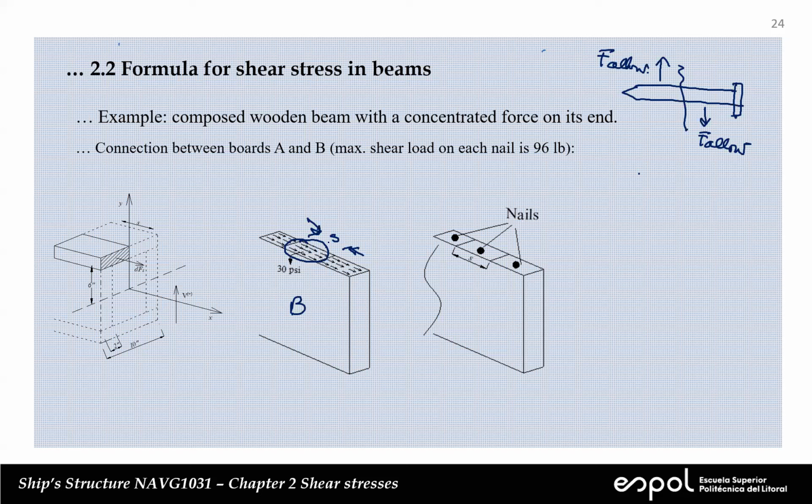We have to assume in this case that S is small, so that the variation in the x direction of this shear stress is small. We can multiply the value of 30 times the thickness and times S, which we do not know. And this force, which is trying to shear the two boards, will be replaced by a nail.